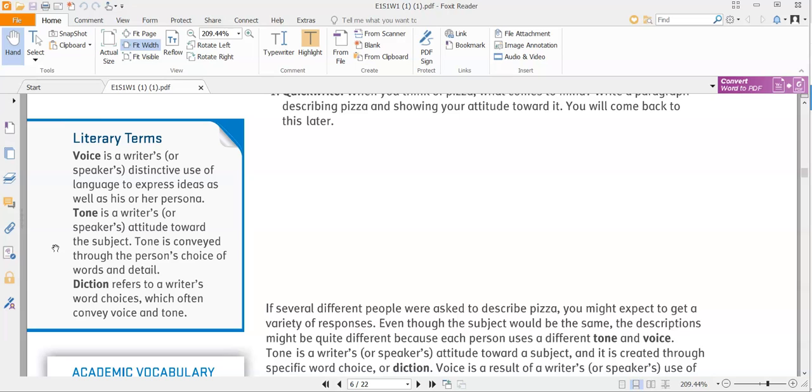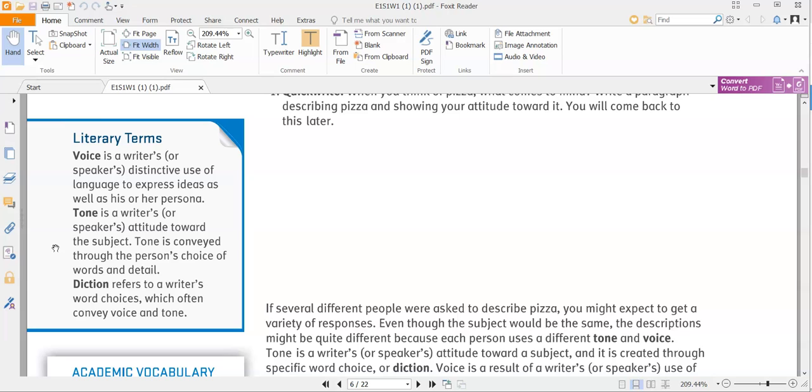So tone is the writer's or speaker's attitude toward the subject. Tone is conveyed through the person's choice of words and details. So that's like they hate it, they love it, it annoys them, it frustrates them, it excites them. There's many different ways somebody can feel about what they're talking about. And then diction refers to a writer's word choices, which often convey voice or tone.